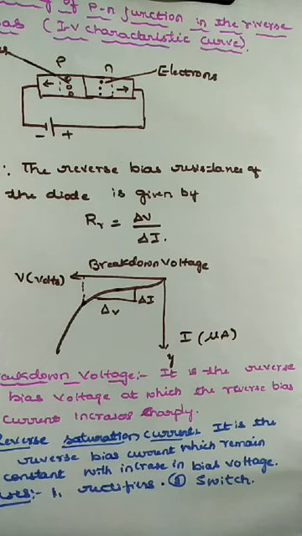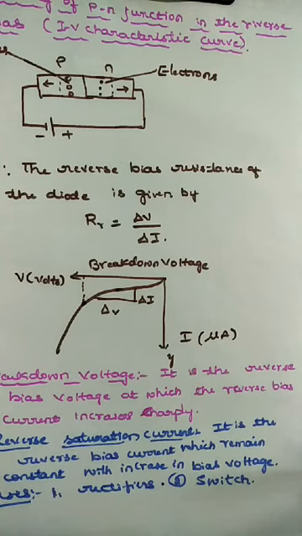The semiconductor diode is used as a rectifier. Rectification is the conversion of AC into DC, where AC means alternating current and DC means direct current. The device which converts AC into DC is called a rectifier.